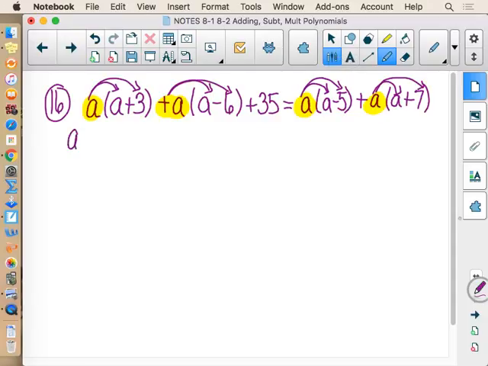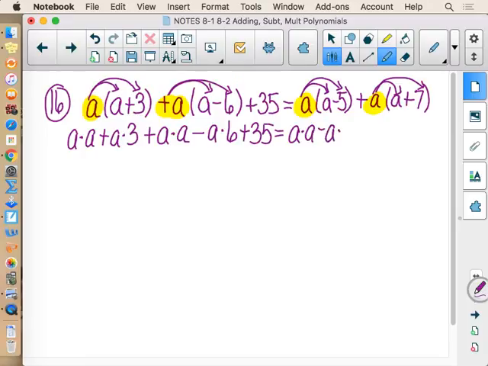I have a times a plus a times 3 plus a times a, either plus or you can do a minus here, a times 6 plus 35. I have an a times a minus an a times 5 plus a times a plus a times 7.